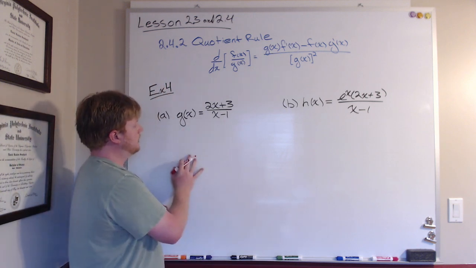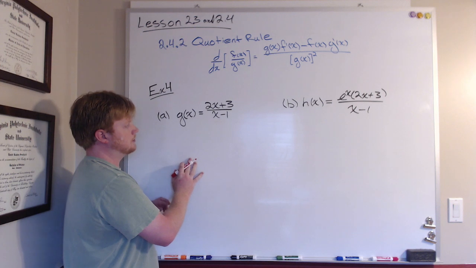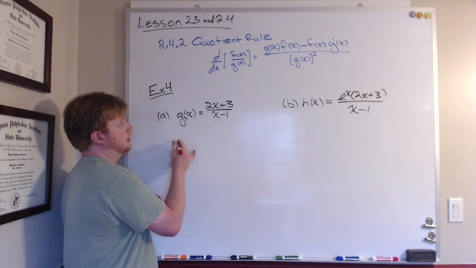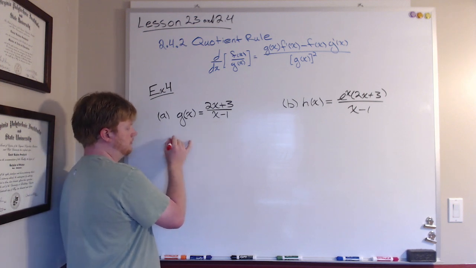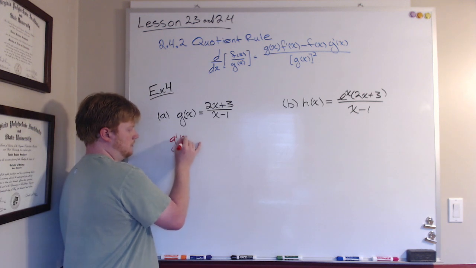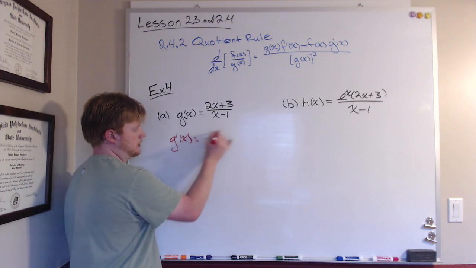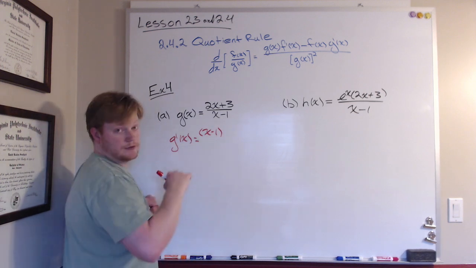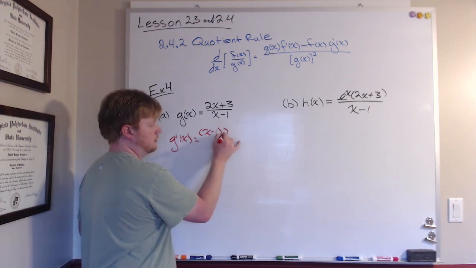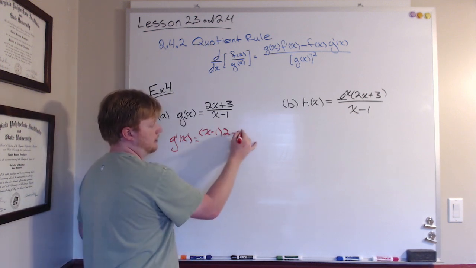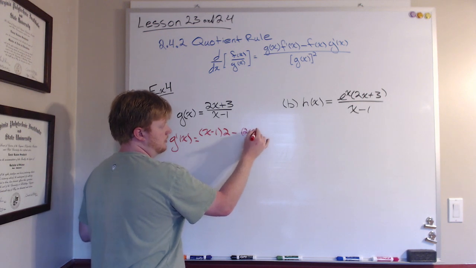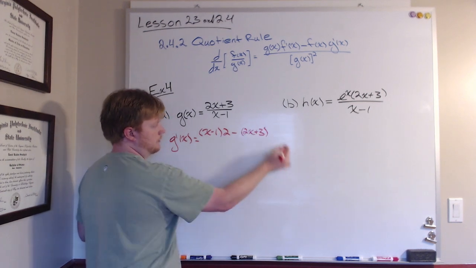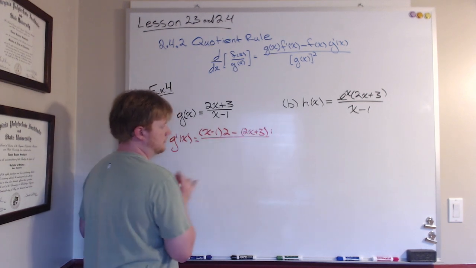So the first example, g of x equals 2x plus 3 over x minus 1. We're going to have the bottom, which is x minus 1, times the derivative of the top, which is just 2, minus the top times the derivative of the bottom, which is just 1.